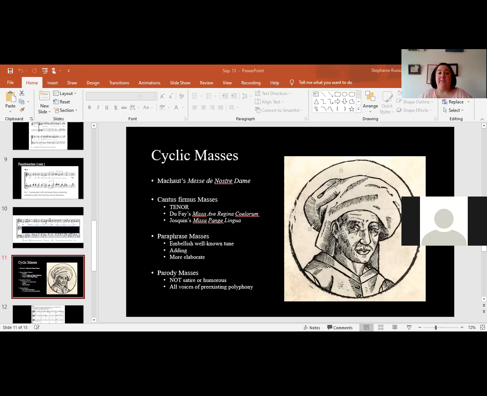Cantus firmus literally means fixed song. In other words, fixed in terms of it ain't going anywhere. It's set right here in the tenor voice, and it will be there throughout all 5 movements. So that is the cantus firmus, and the composer puts that in the tenor, always the tenor.